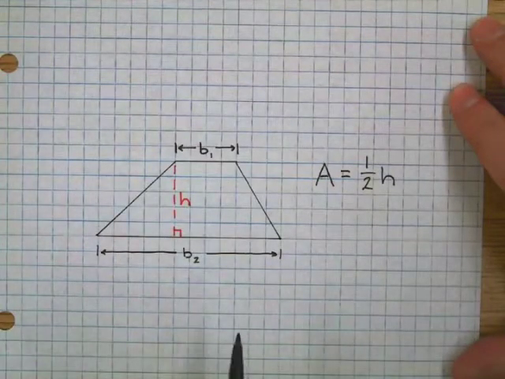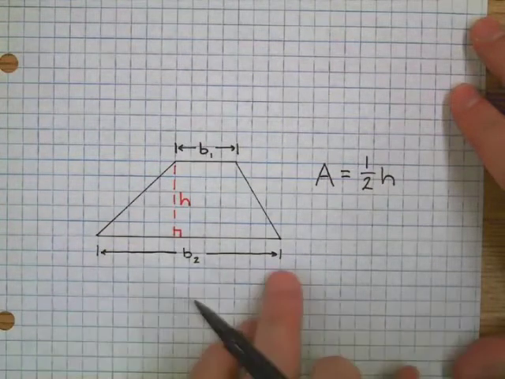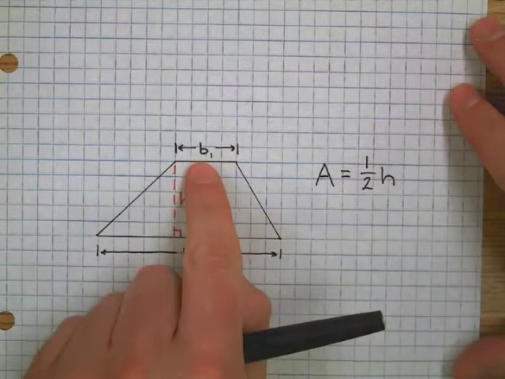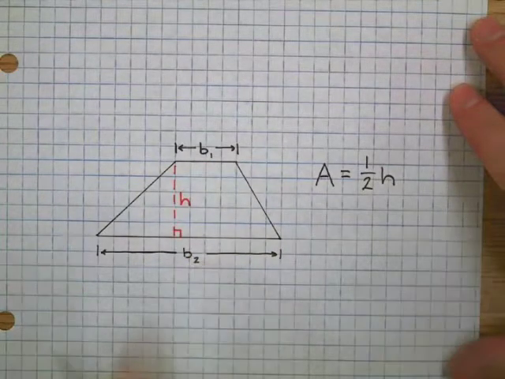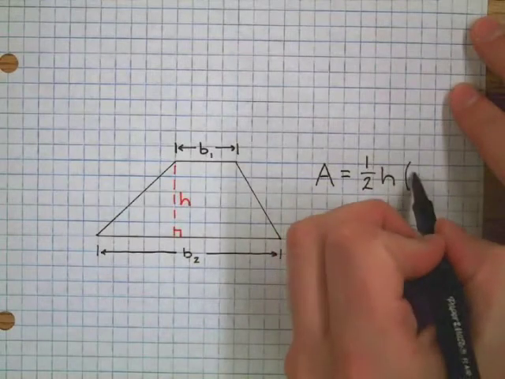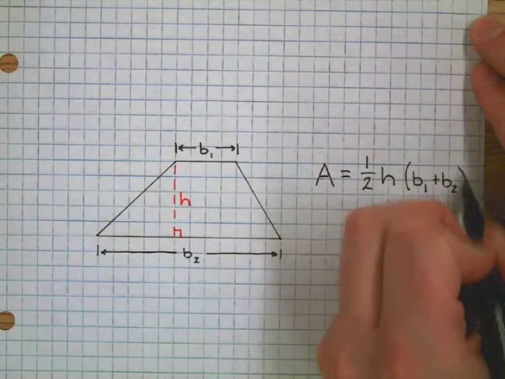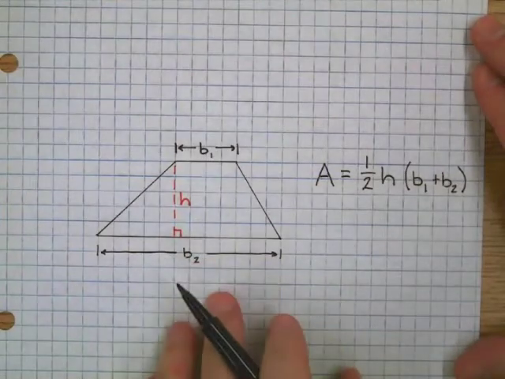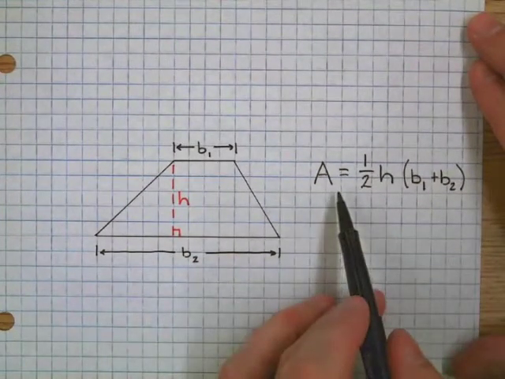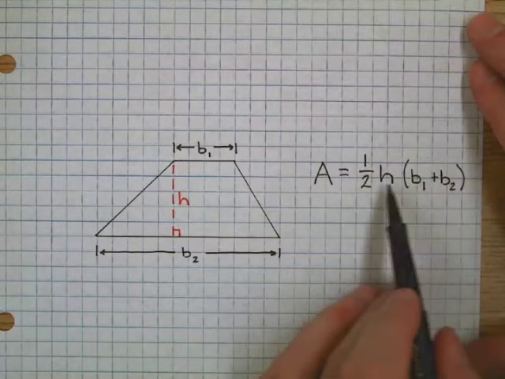But our base now, we need to do a little bit of work to find the base, because now that base of the entire thing is this base 1 plus this base down here. And we can write that like this: the sum of base 1 plus base 2. So our entire formula for finding the area of a trapezoid is area of a trapezoid equals 1/2 the sum of the base times the height.